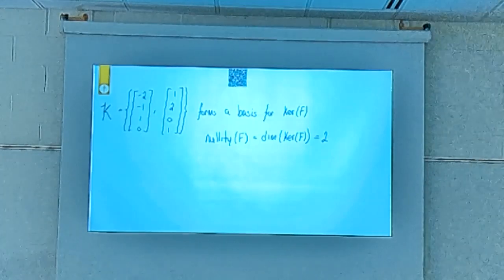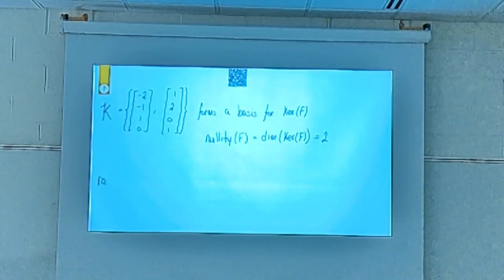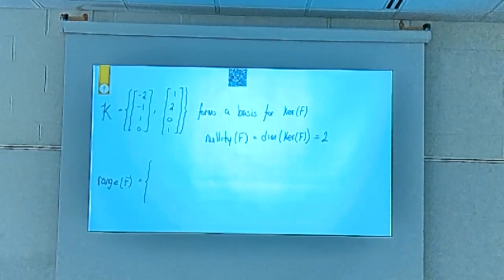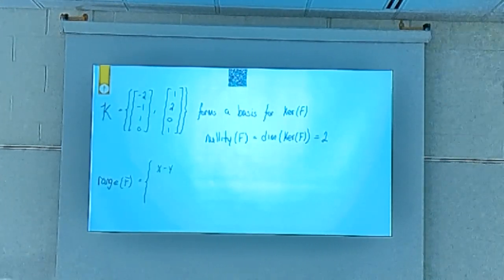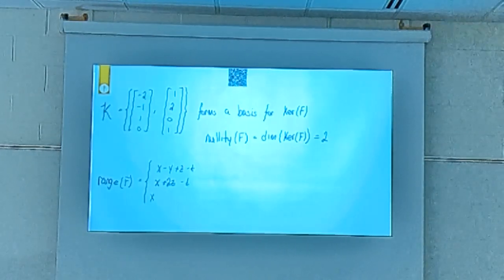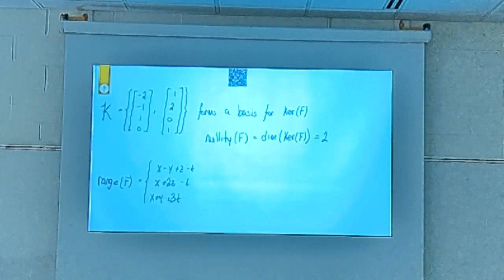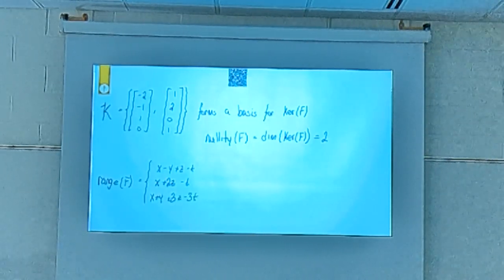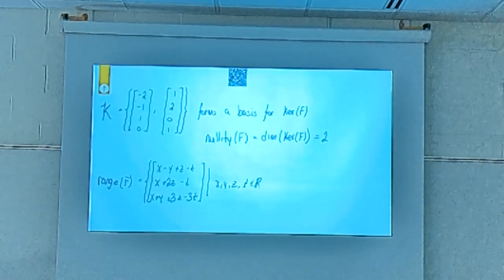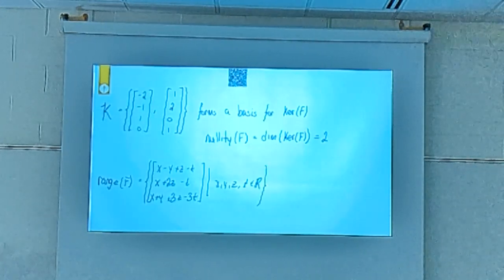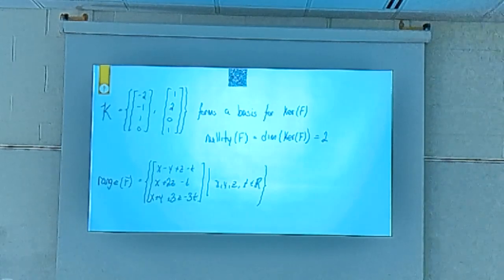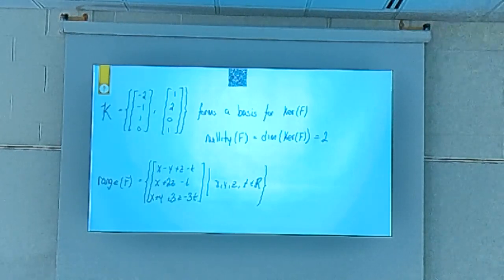Well, the range is easy. The range is the set of all your output vectors, the set of all images. x, y, z, and t have to be real numbers because that vector is in R4.